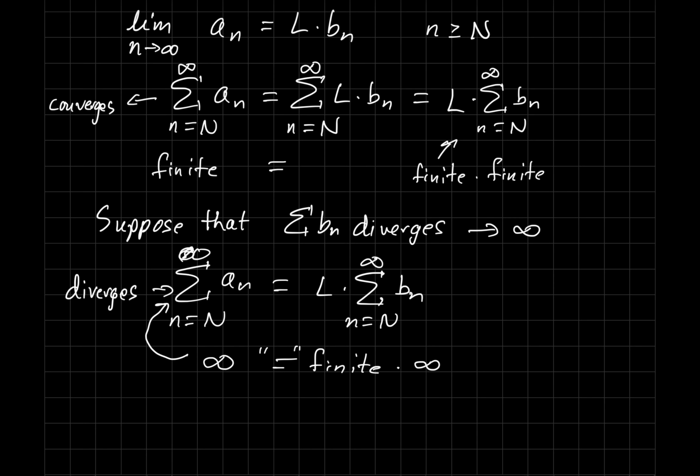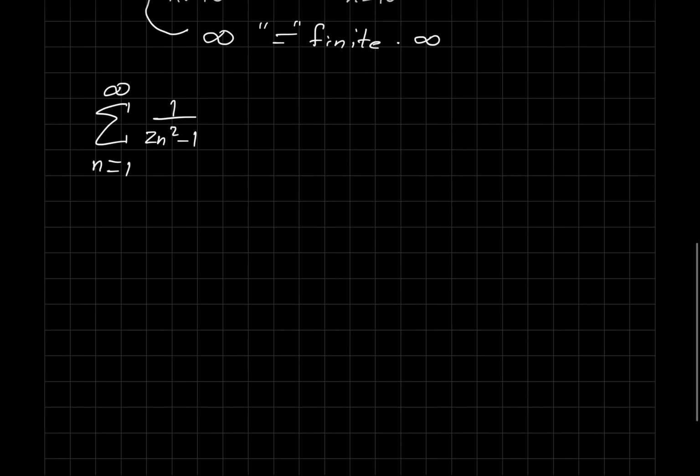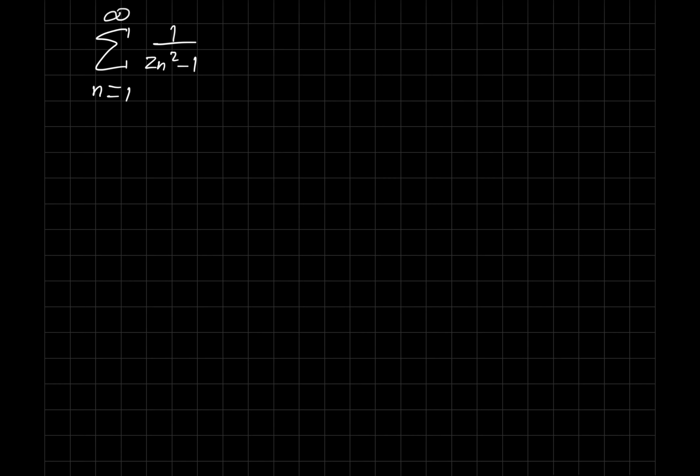Now we have to be careful about what I mean that they look the same. So let's look at an example. We'll do the summation from 1 to infinity of 1 over 2n squared minus 1. And we're comparing these to known series just like we did with the direct comparison test.